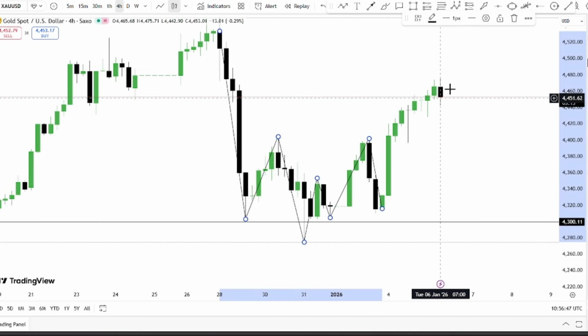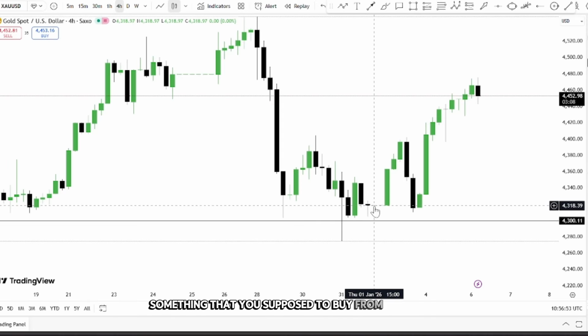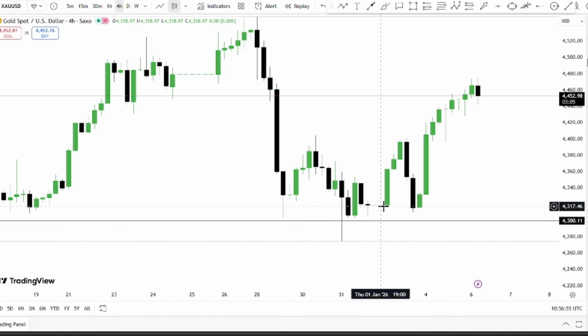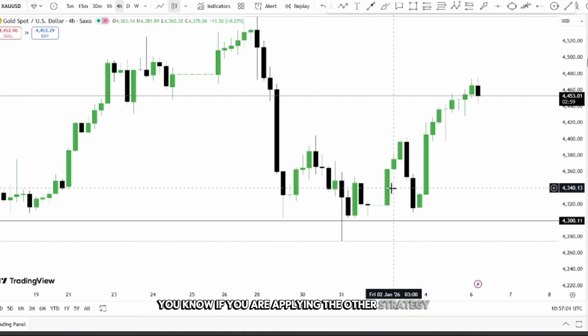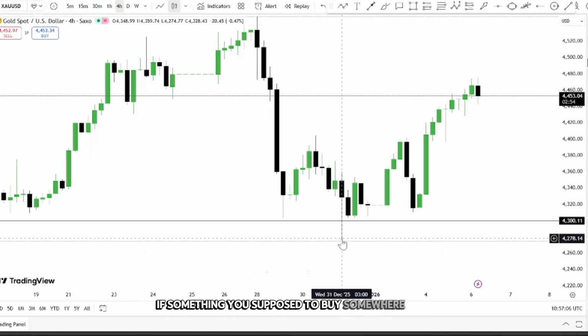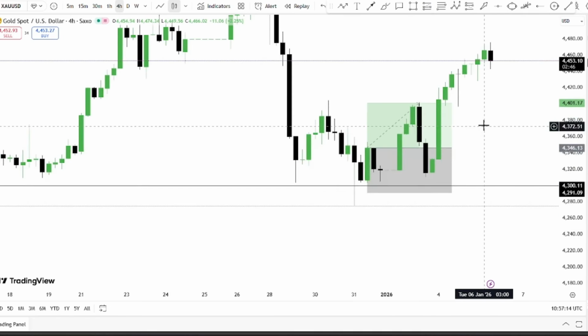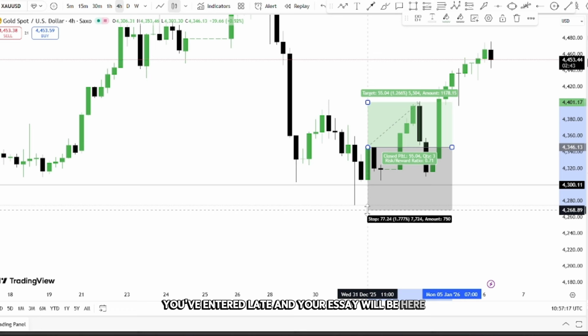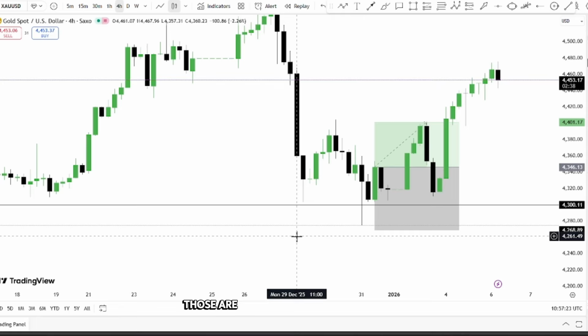Let's say you have something like a bullish engulfing candlestick, and you were supposed to buy from this level, as if you're applying the anticipation entry model. You wait for this candlestick to close. You can see how strong this bullish engulfing candlestick is. Then you make your entry there. So you've entered late, and your SL will be here. So you might make some late entries.